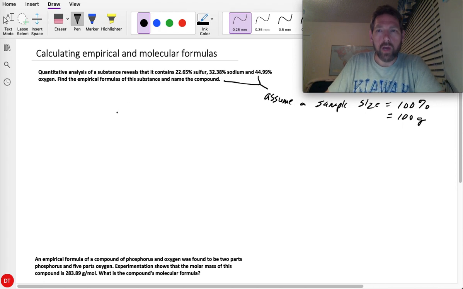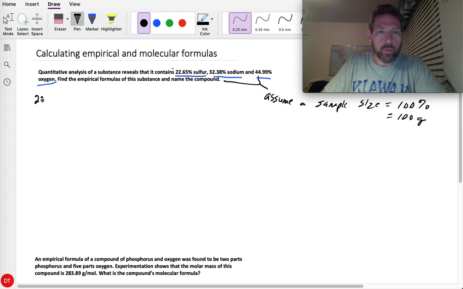Now we can go back to this right here, and we see what we've got. We see 22.65. Let me put that in a different color for you. So we've got this much sulfur, this much sodium, and this much oxygen. Understanding what we've just talked about, we can go, wait a minute.